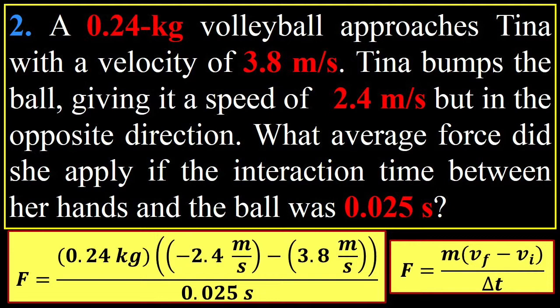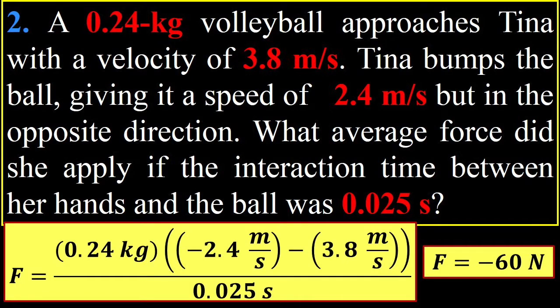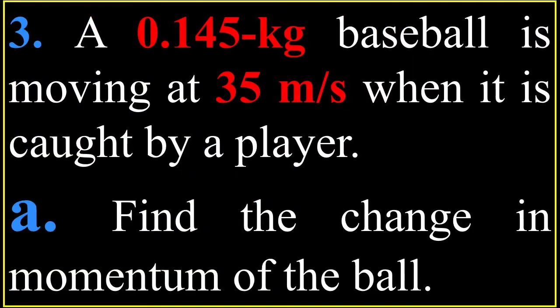So you can see it's going to be negative 2.4 meters per second minus 3.8, and that's going to be a negative value, so it'll be negative 60.